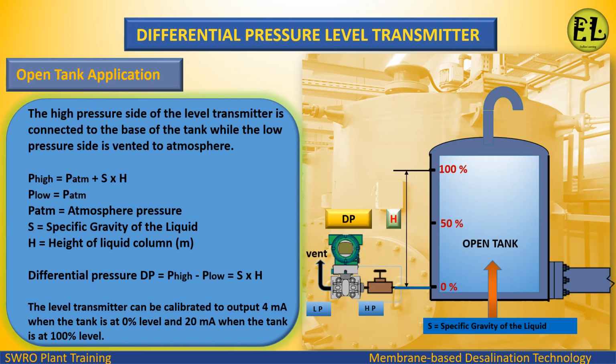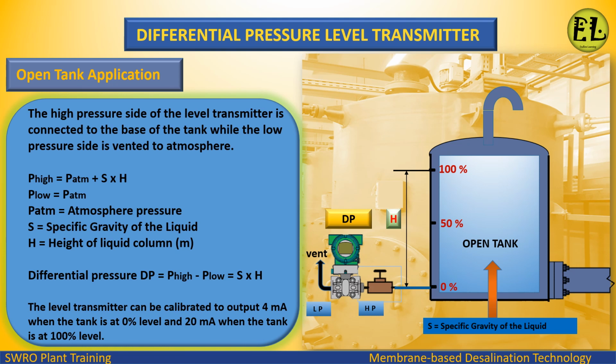Open tank application. The high-pressure side of the level transmitter is connected to the base of the tank while the low-pressure side is vented to atmosphere. P high equals PATM plus S x H, P low equals PATM, where PATM equals atmosphere pressure, S equals specific gravity of the liquid, H equals height of liquid column.